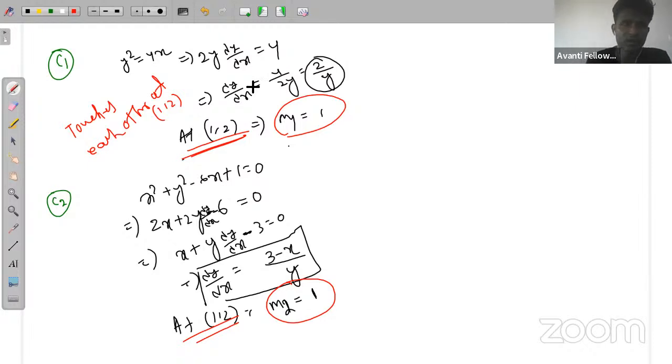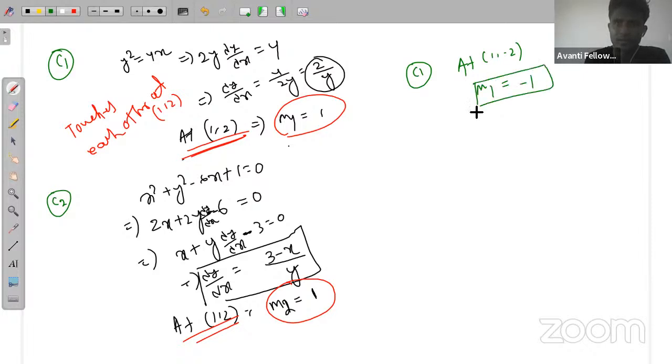Now similarly, can you tell me what about the other point? For C1 at (1,-2), what will M1 be? If you put the values in the derivative, what will we get? M1 will be -1. Yes or no? M1 will be -1.